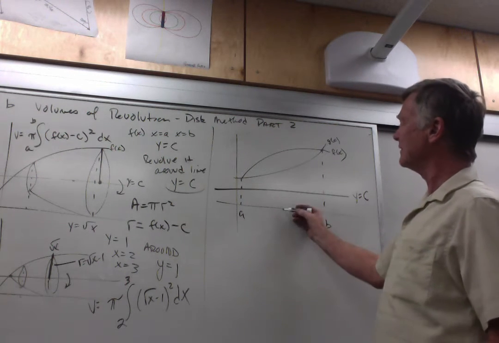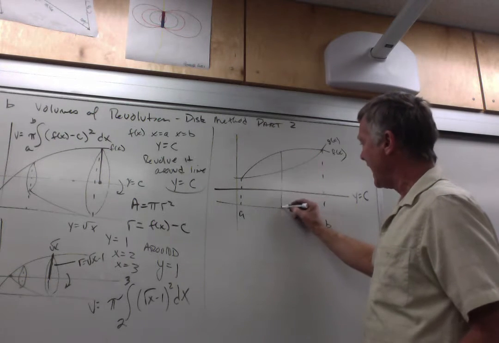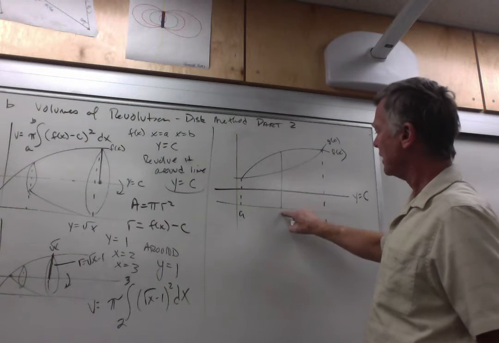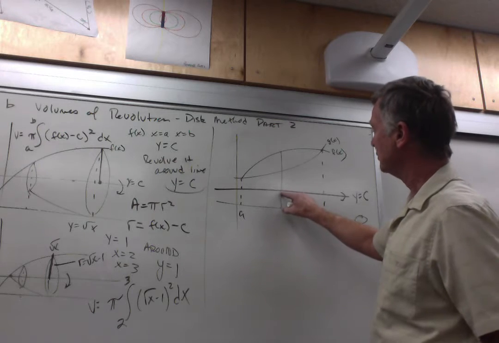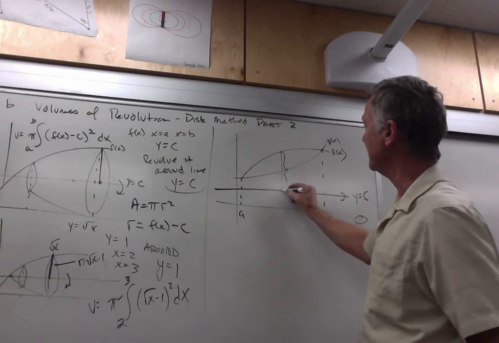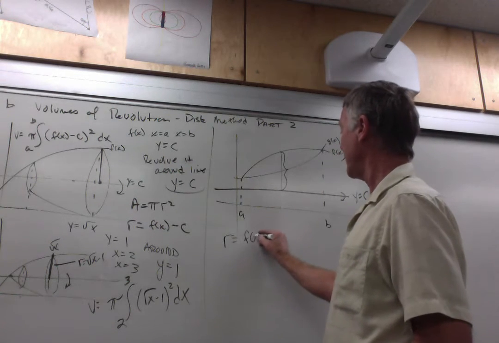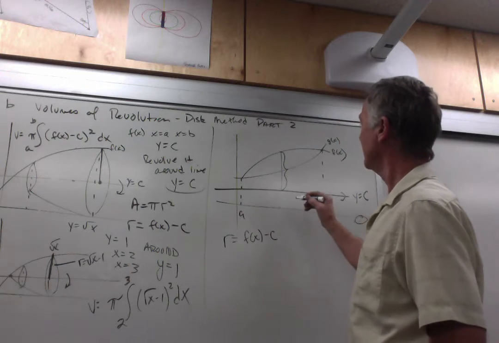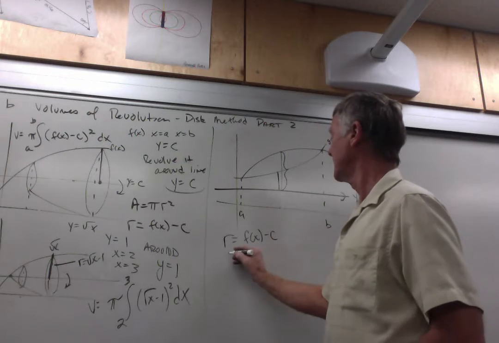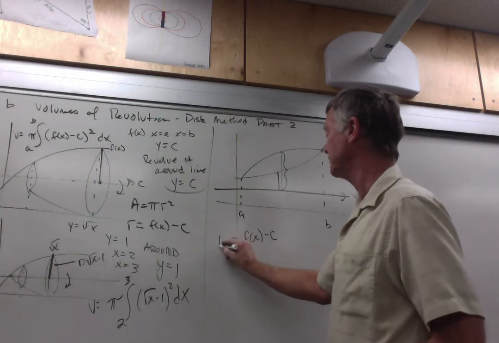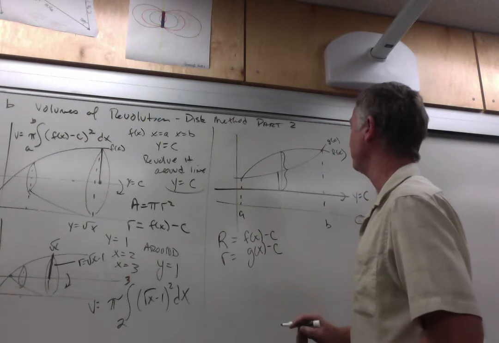Well, it's exactly what we did before, except that now I can't just use f of x as my radius, because we're not going around the axis here. We're going around this line. So what is this distance right here? This radius would be f of x minus c. And what is it that we are subtracting out? It's this radius. They often call this the big radius and the little radius, which is g of x minus c.